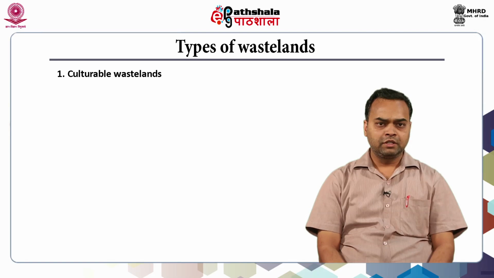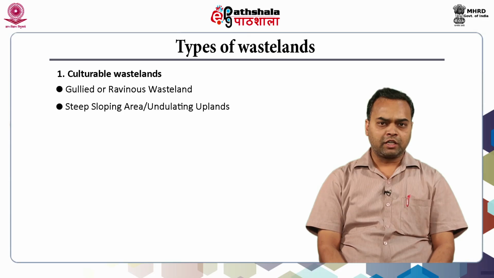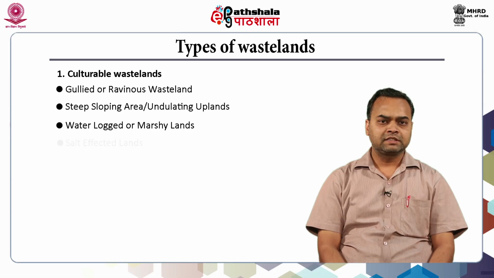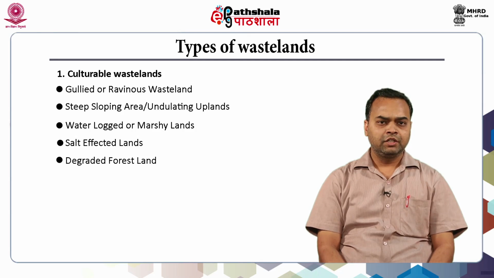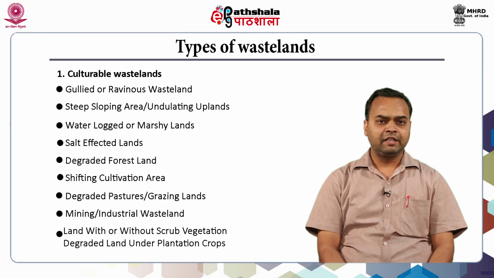For the types of culturable wastelands: number 1 gullied or ravinous wasteland, then steep sloping area or undulating uplands, waterlogged or marshy lands, salt affected lands, degraded forest land, shifting cultivation area, degraded pastures or grazing lands, mining and industrial wasteland, land with or without scrub vegetation, degraded land under plantation crops.